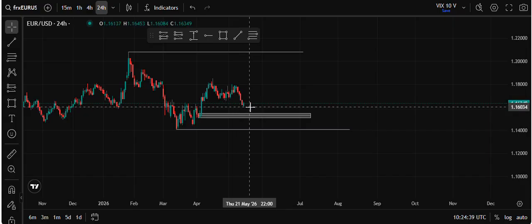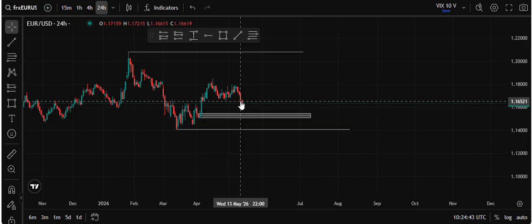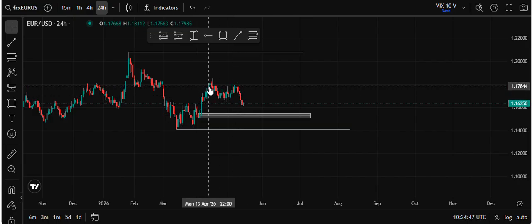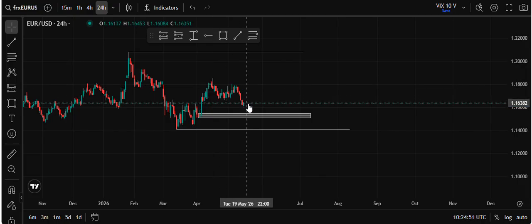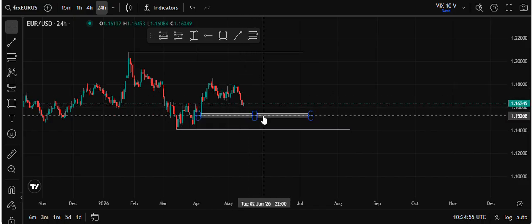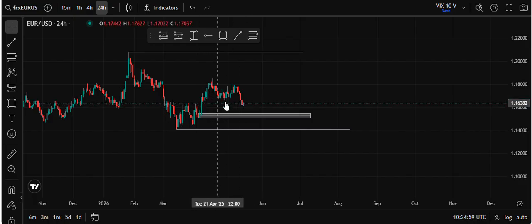So for now, we are looking for something like a sell, or wait, there's also an average around here. This was mitigated around here, then it came back. Okay, so I think we have something like a buy, then a sell, because this is looking like a ranging market around here.